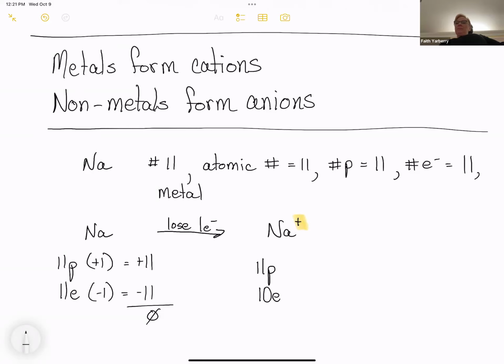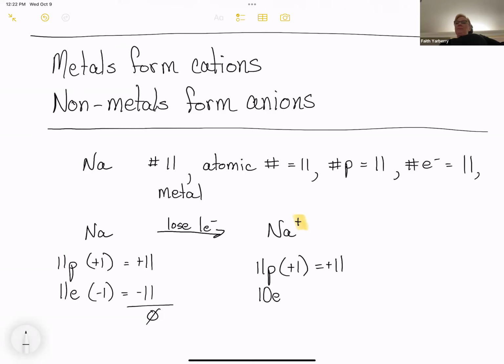Now let's do that for the cation. It has protons. Protons you said are a plus 1. It has 11 of them, so that's a plus 11. But sodium, being a metal, loses electrons.